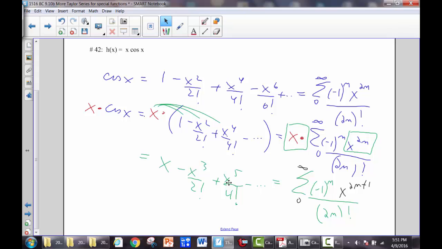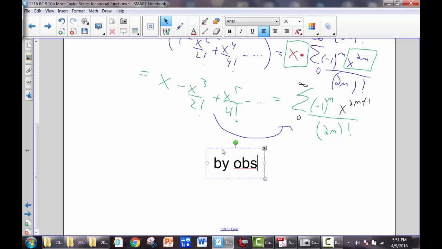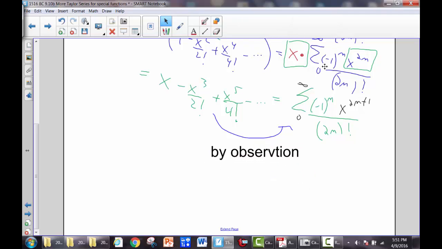Again, I think the easiest way from here is to go from here to here by observation. That's usually easier than trying to actually take the two series and start dealing with adding two series and how that works.